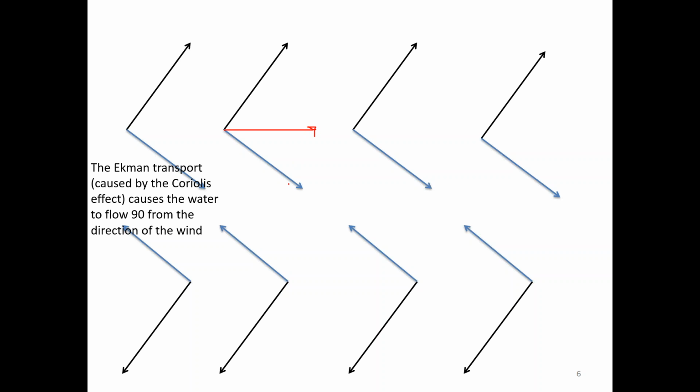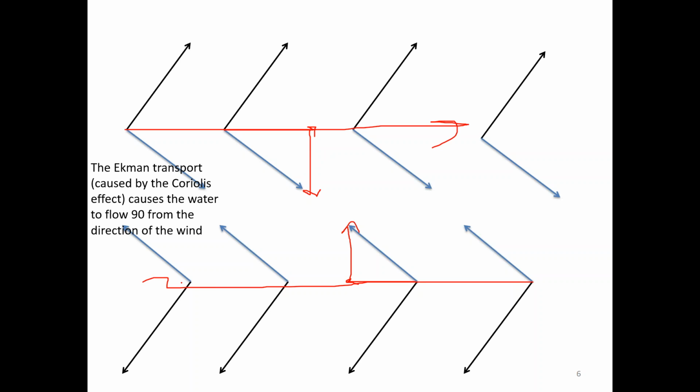So some of that water is in the eastward direction, and some is flowing that way. Because this flow is southeast, we have an eastward component and a southern component of flow. And down here, we have a westward component and a northern component of flow, because this water is flowing northwest. The east component of flow is just water moving this way, and the west component is just water moving that way.